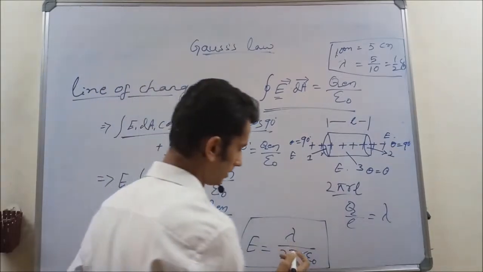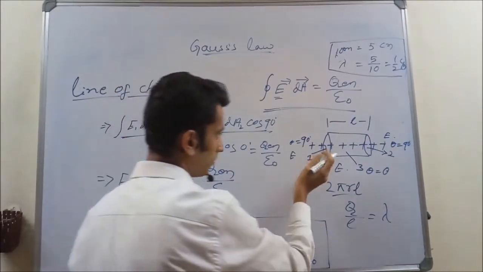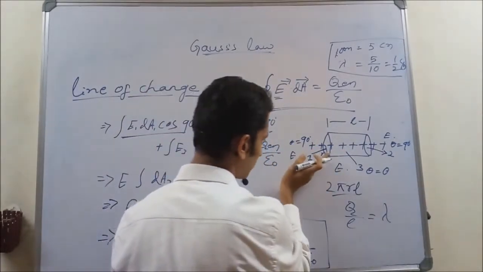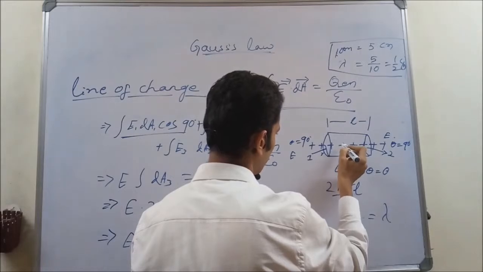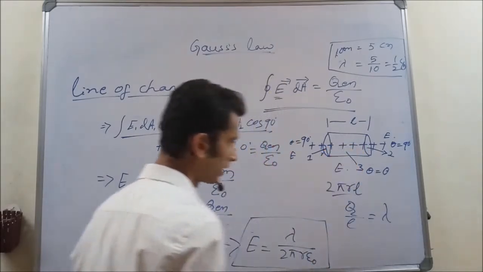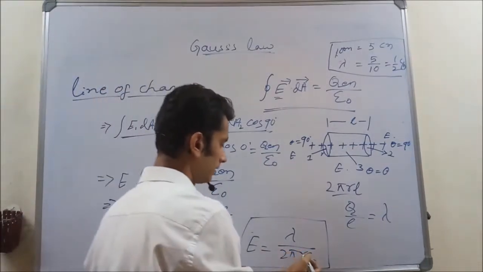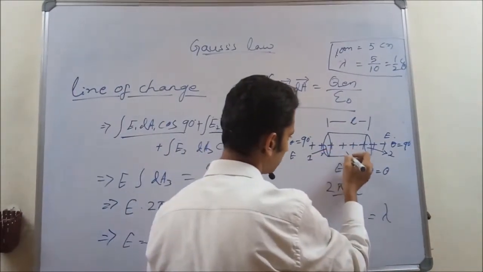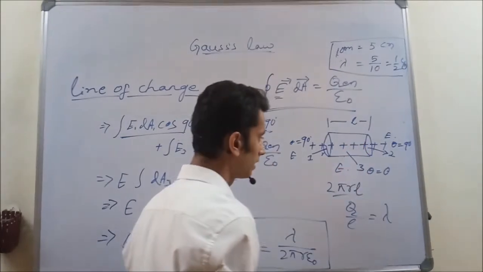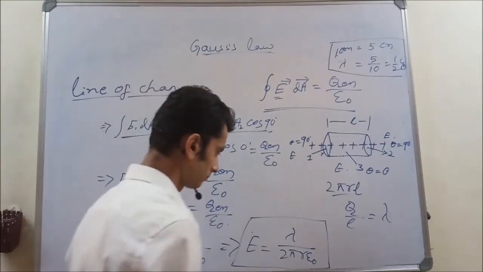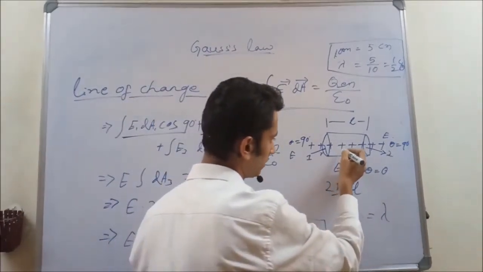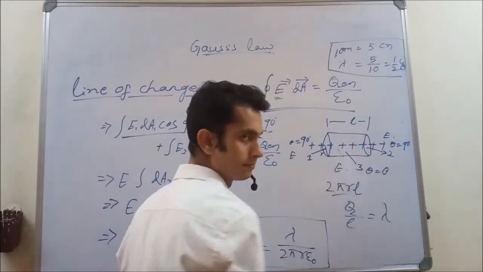Here we can see that the number of charges doesn't matter to the electric field. What matters is the amount of charge placed per unit length, the distance between the line of charge and the point where we find the electric field, and the permittivity of the medium.